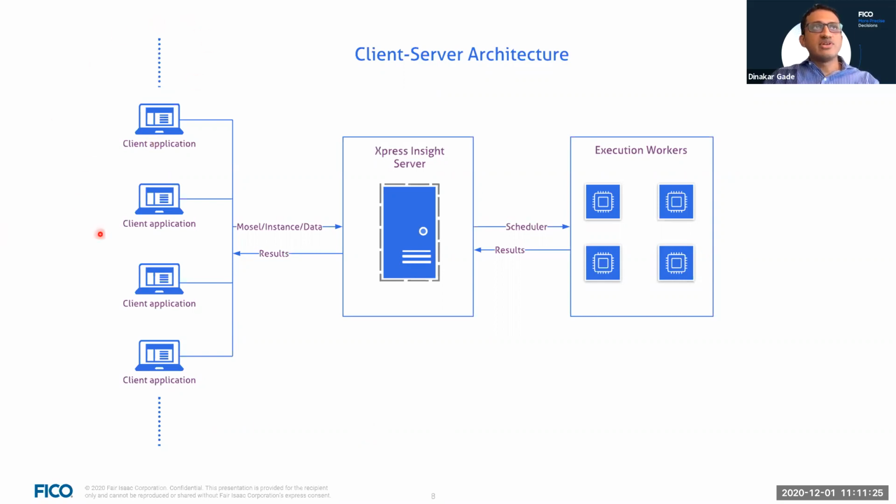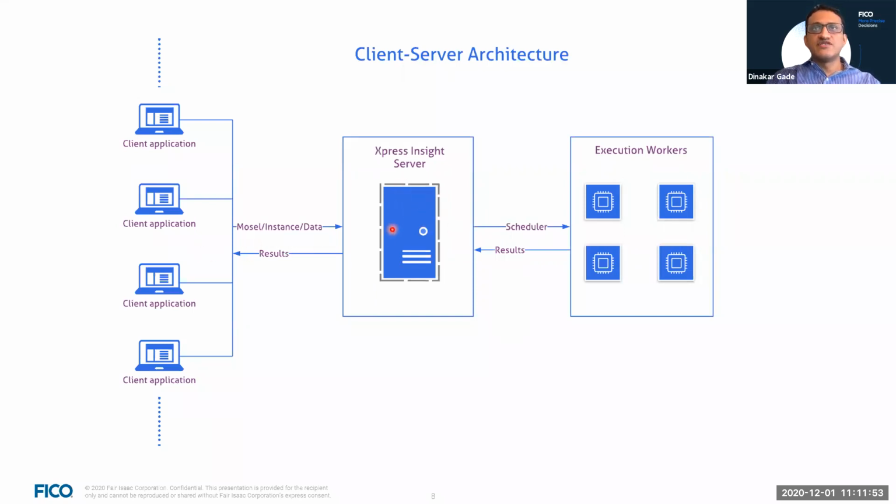So you can have multiple client applications that are using either Xpress APIs, Xpress Workbench, or one of these client applications is submitting jobs through a REST API, or another application that is simply sending data to the Insight server. So all of these client applications send data in some form to the Xpress Insight server.